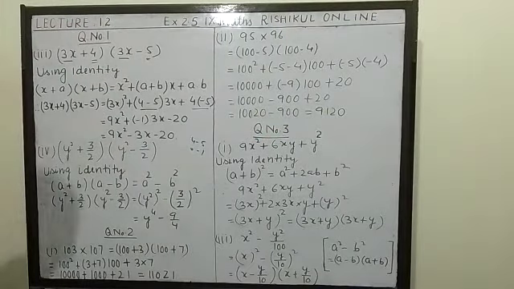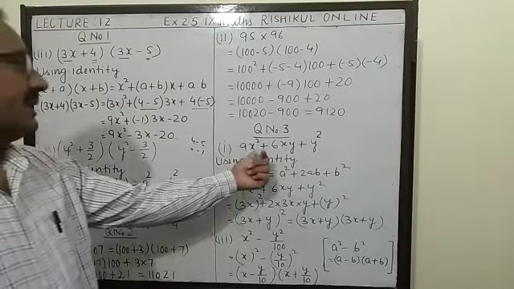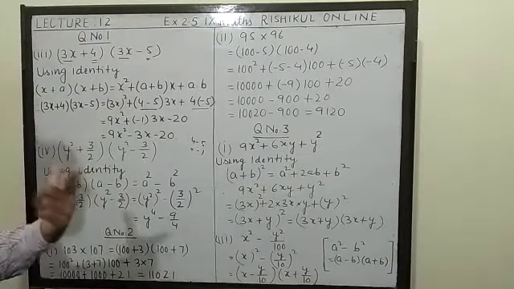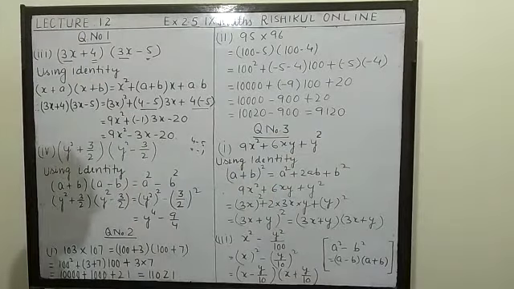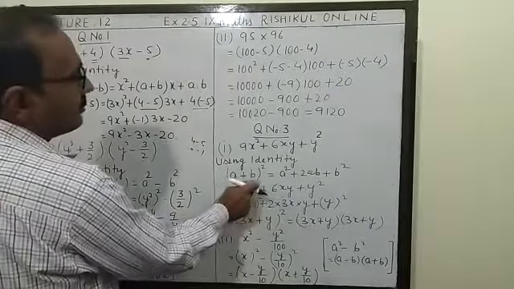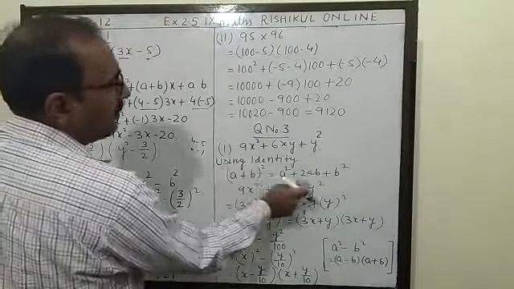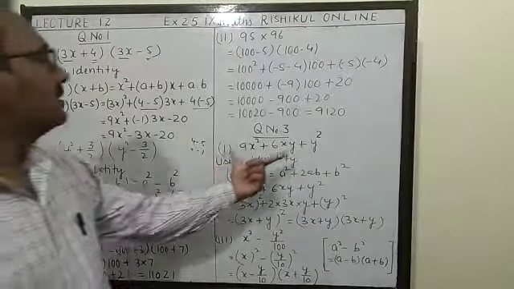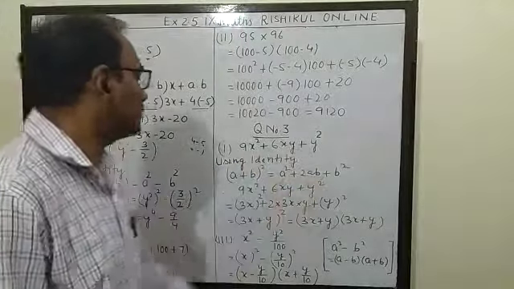Now question number 3 is: factorize the following using appropriate identity. You see 9x² + 6xy + y². You see which identity you will use. Here you see (a + b) whole square, a² + b² + 2ab. Then you put this in this form.